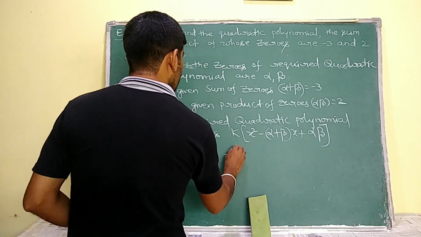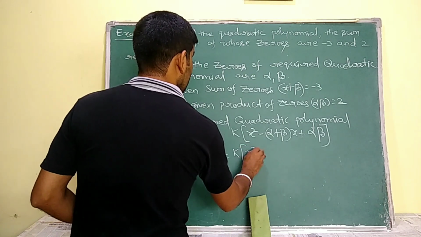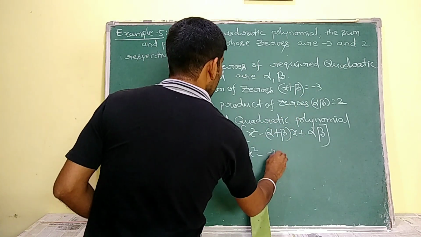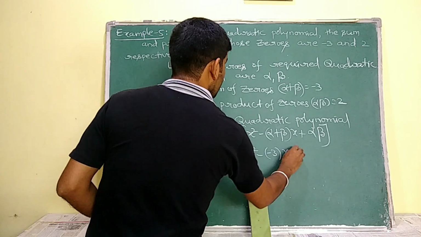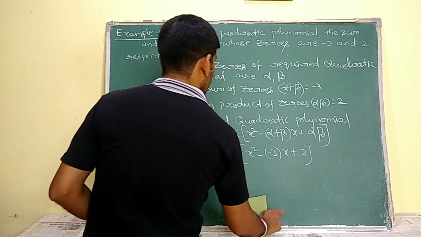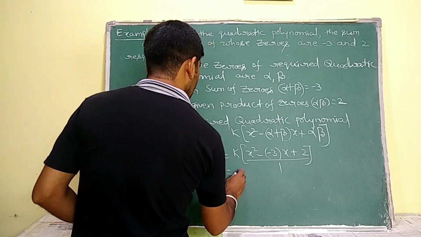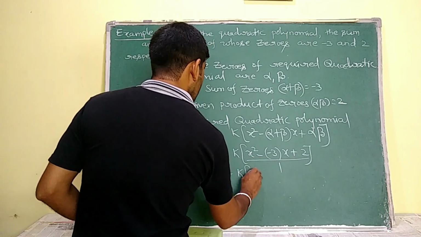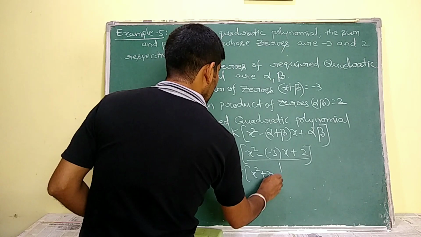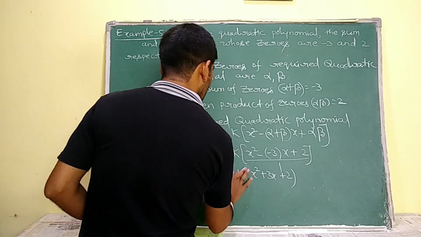So now you have to substitute those values here. X square minus, what is sum of zeros? Minus 3 into x plus product of zeros 2. Now see, here nothing is there means the denominator is 1. So k into x square plus 3x plus 2.